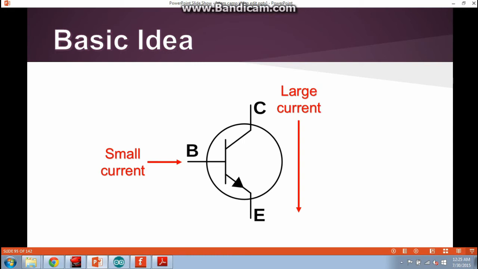Well, we'll get to p-type and n-type in a minute, but this is a general idea that you make a very small change at the base and a large current flows from the collector to the emitter. So really, it's literally just an electronic switch. That's really all you want to think about.